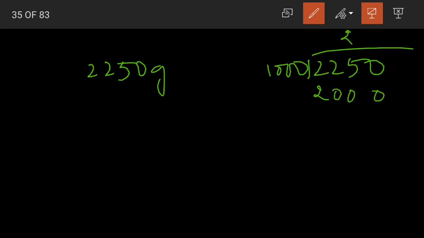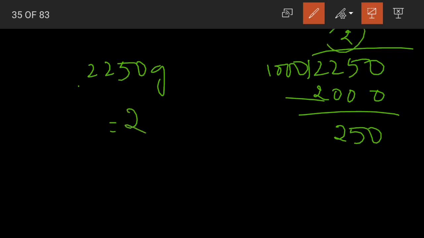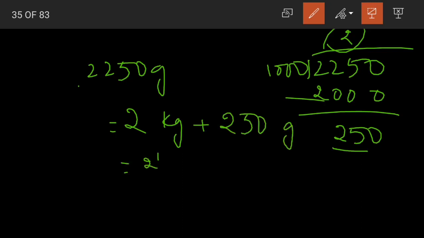Next 2250 grams. Again, when we divide it by 1000, we have 1000 twos are 2000. When we subtract, 250 is remaining. So upon division, we got 2 kgs. The quotient would be kgs plus what is the remainder? 250 grams. Now we know what is 250 grams, right, children? 250 grams is 1 by 4th of a kg.